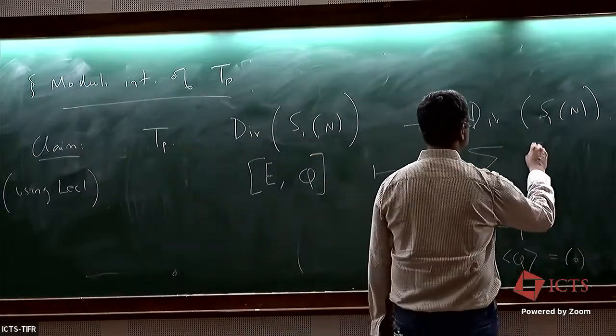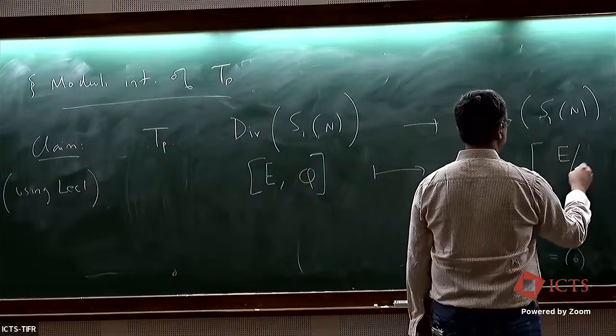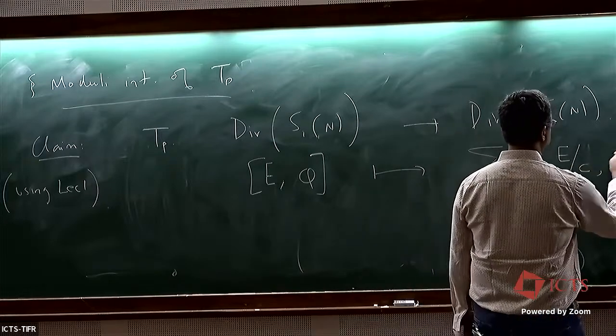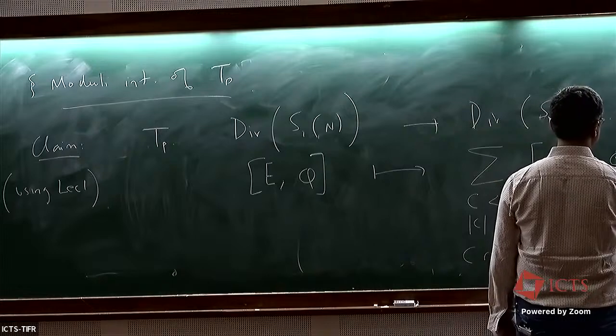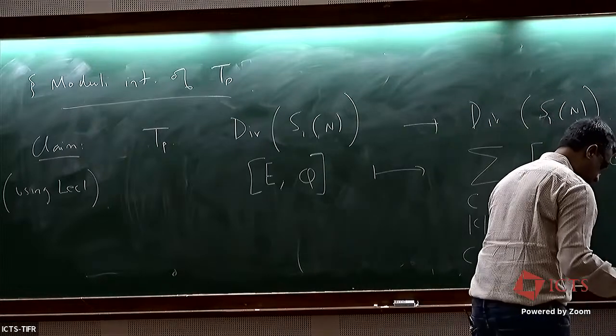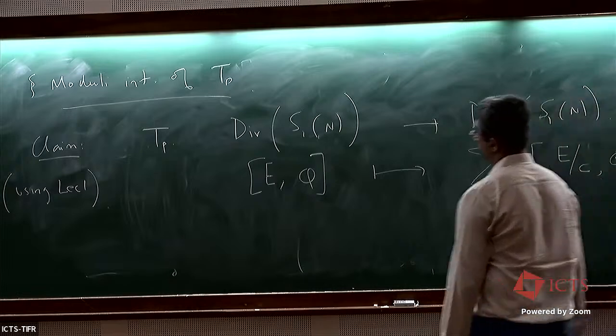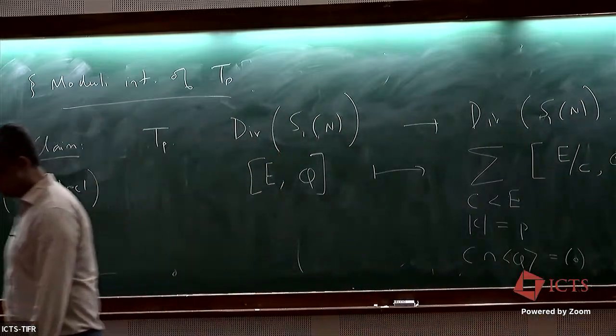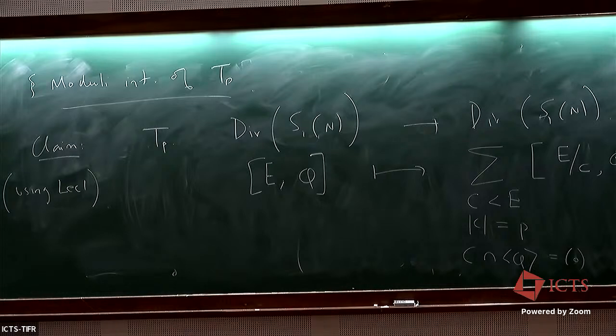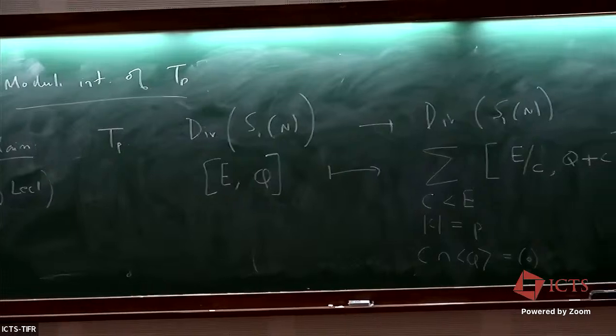And you look at E mod C, and write Q plus C, the image of Q in E mod C. Although I'm using Sherman's notation of writing points like this as cosets, the notation doesn't cheat anywhere.